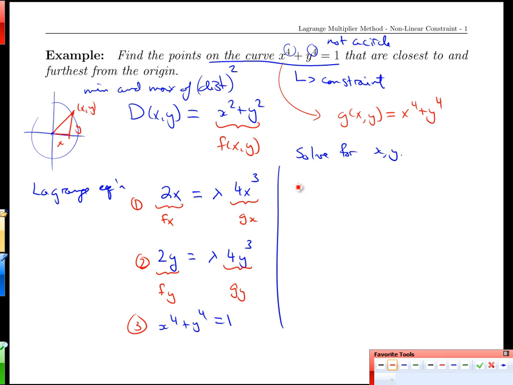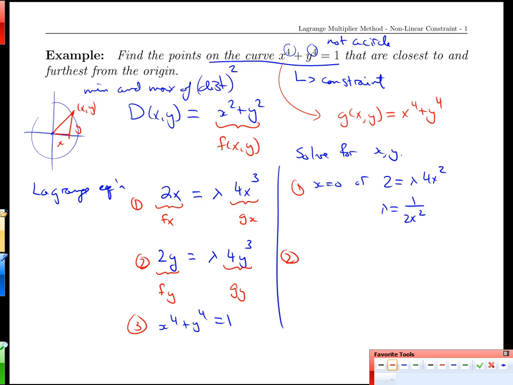So 1 gives us x equals 0, or if I factor that out or divide through by x, I would have 2 equals lambda times 4x cubed, or, let's do it this way, lambda equals 1 over 2x squared. Take this equation, divide through by x, so that means x is 0, or we satisfy this equation.